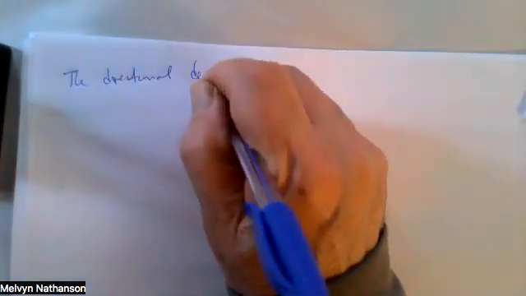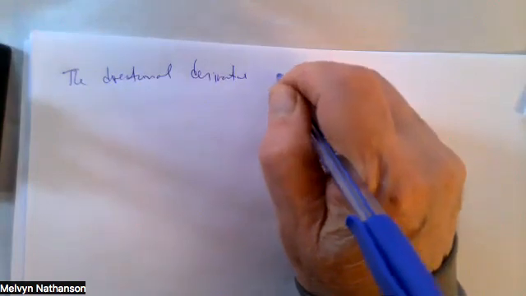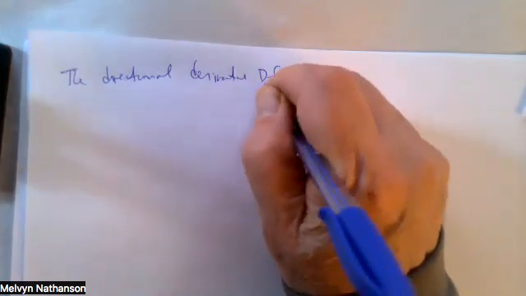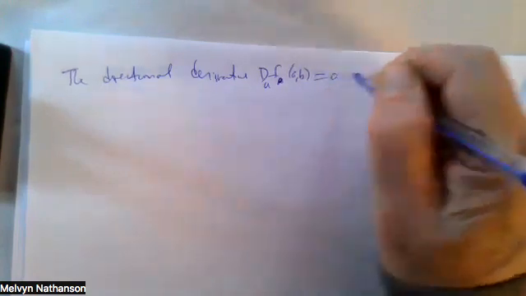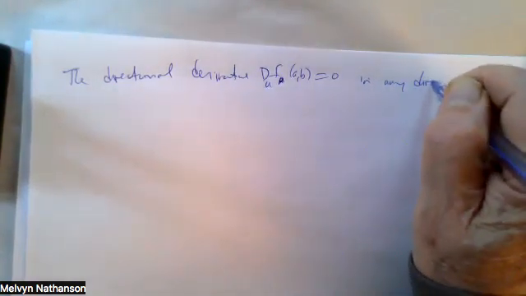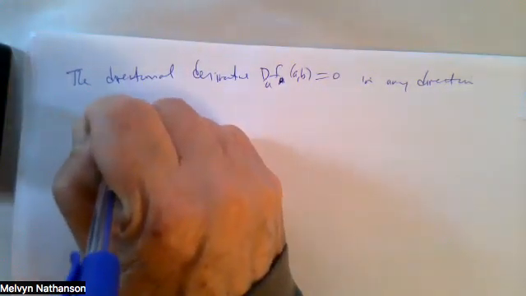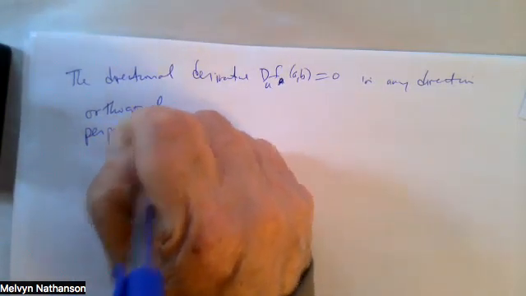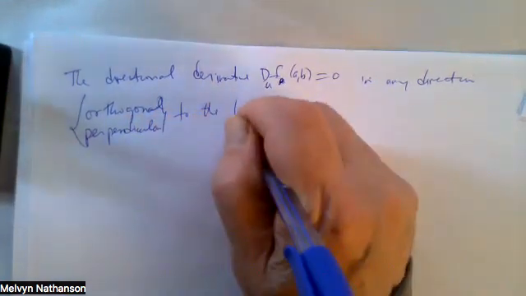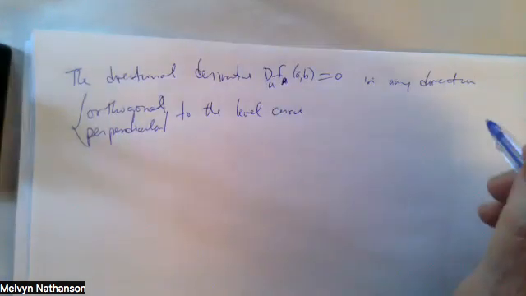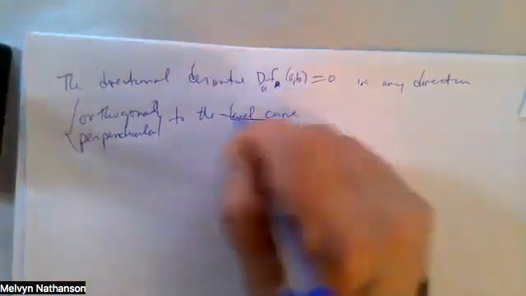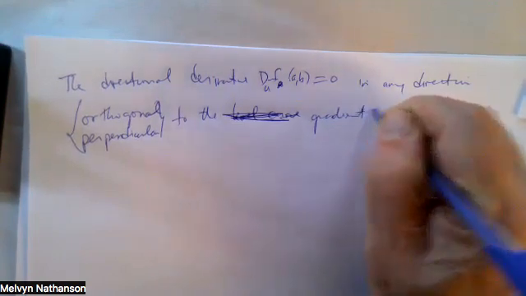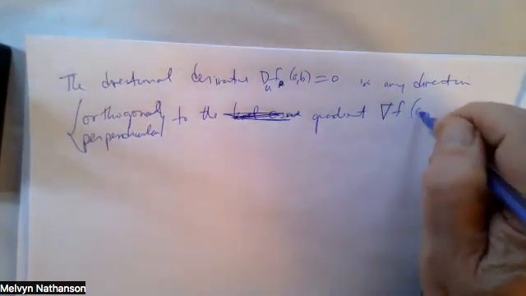The directional derivative D_u of f at (a, b) is 0 in any direction orthogonal, which is the same as perpendicular, to the level curve, sorry, in any direction orthogonal or perpendicular to the gradient of f at the point (a, b).